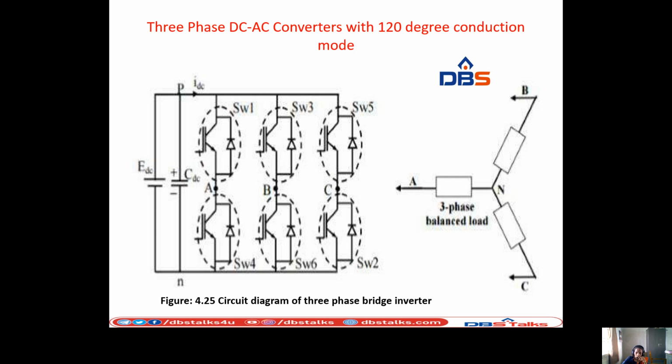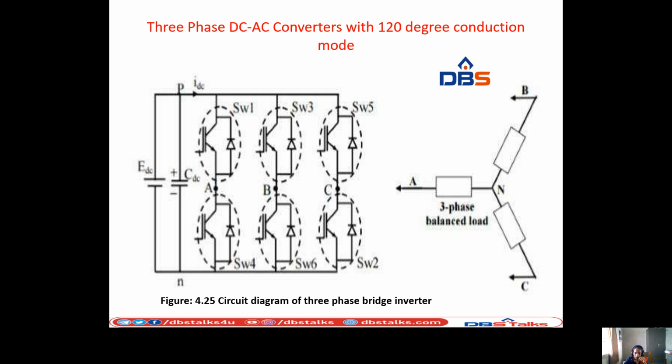Okay, so this is the circuit diagram of the three-phase bridge inverter. Here the source will be EDC and the output obtained will be AC. Six pulses will be there.